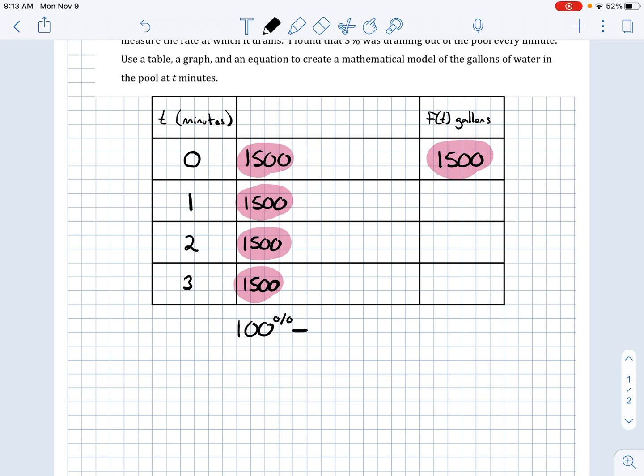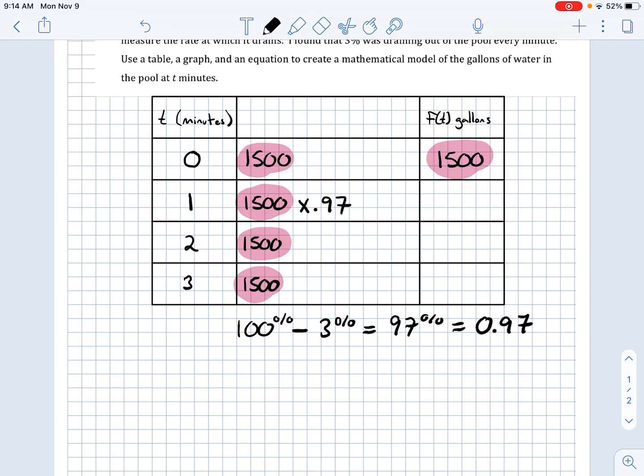It's decreasing by 3%, which means we're going to be left with 97%. And as a decimal, we write that as 0.97. So anytime we deal with percents, it's going to be geometric. We're multiplying. So we're multiplying by 0.97.